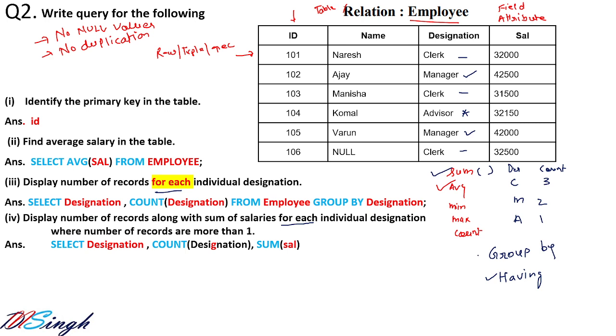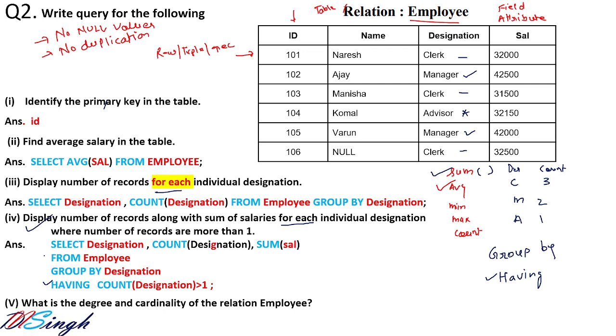Select designation, count of designation and sum of sal from table employee, group by designation, having count of designation greater than 1. So this is a very important query for you people. Please give great concentration to such types of queries. You have to think about what basis you are going to group on and what the condition should be, and wherever you use the group by clause, you are going to use the having clause for putting a condition on it.